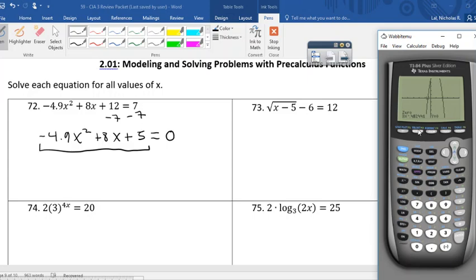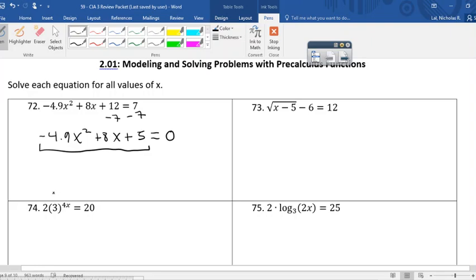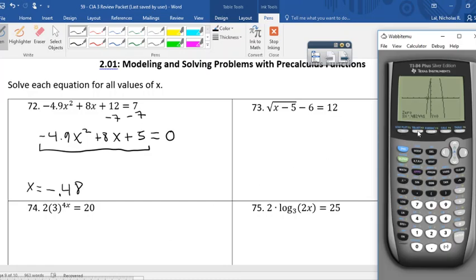So one of my zeros is going to be negative 0.48. So x is equal to negative 0.48.